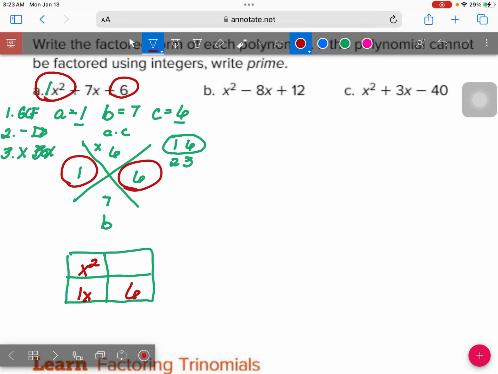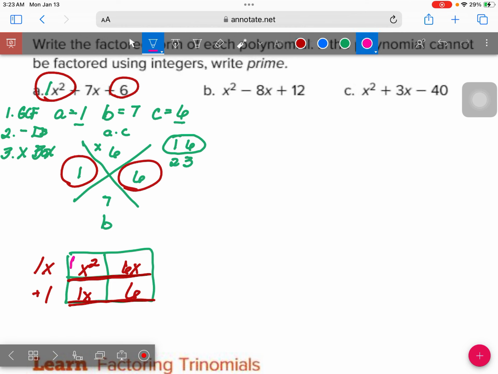So 1x and 6x. Now looking at each row, find your greatest common factor. 1x squared and 6x. You could put a 1 in front. And I have an x. 1x and 6. I have a 1 here, and there is no x there.